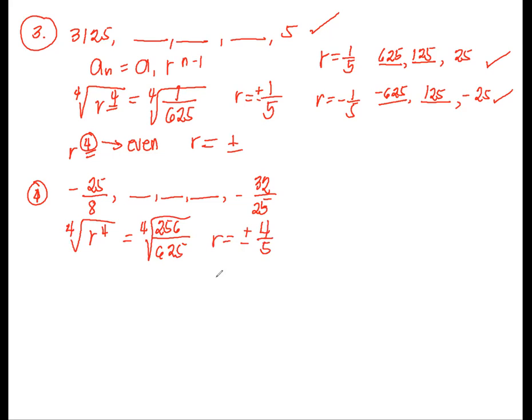Okay, so let's start with positive. So for positive r, 4 over 5, we will have negative 25 over 8 times positive 4 over 5. This is 5, this is 1, 1, 2. So we'll have negative 5 over 2.